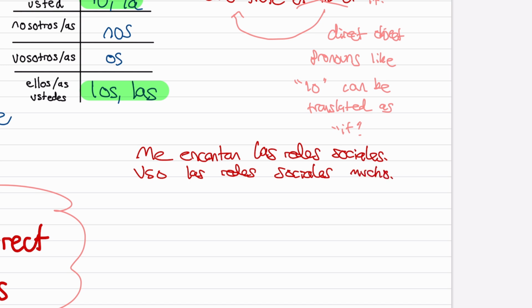Vale, so I use social media a lot. Now again, you can see we've already repeated las redes sociales twice, right? And there is no reason that we need to. So what we can do, we can remove the second las redes sociales and replace it with the direct object pronoun, so las. So I can say las uso mucho. So I use them a lot. So here the las is going to be them.